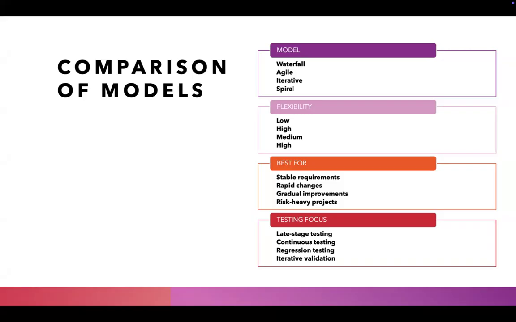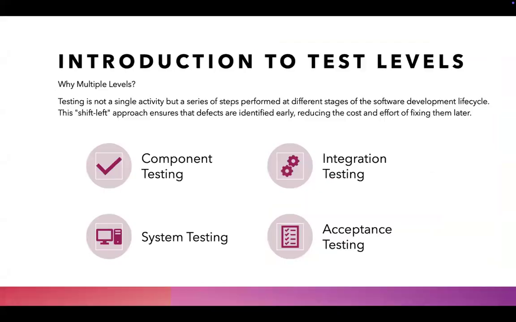Spiral is useful when the project is very big and risky, but it takes more time and cost. So the best model depends on the type of project, how often it requires changes, and how much risk is involved. Next slide.